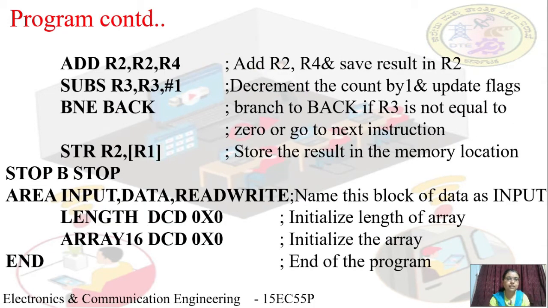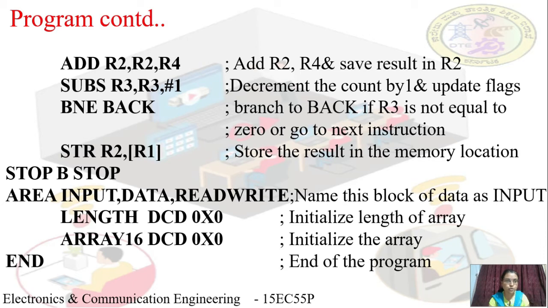Again it repeats the same procedure: take the next value, add it to the previous result, and decrement the counter. If that is not equal to 0, go back to the same label back and load the next value. This will be repeated until R3 becomes 0. When R3 becomes 0, it will stop the iteration.